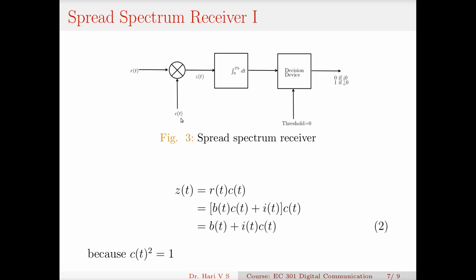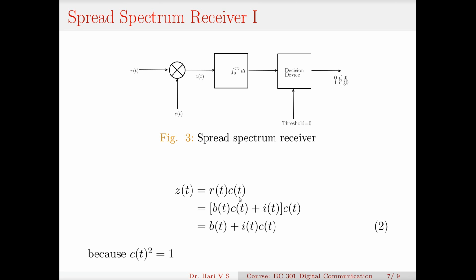So I take a product between r(t) and c(t). This is my z(t). Then this is integrated over one bit duration, and a decision is taken: if it is greater than 0, it is a 1; if it is less than 0, it is a 0.